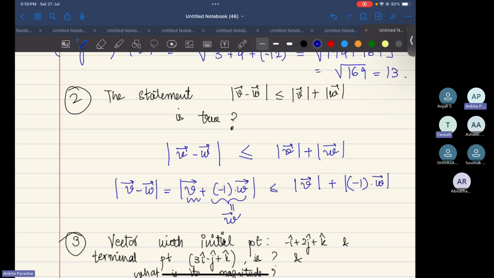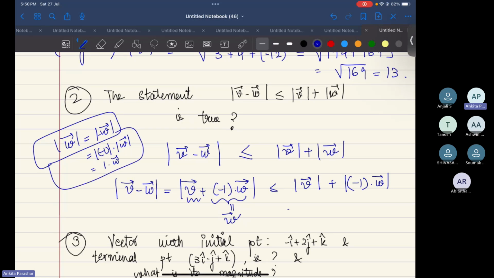Either you say it this way, or you can also check that the norm of a vector and its negative is always the same. So it's clearly true that this is the same as the norm of v plus the norm of w.